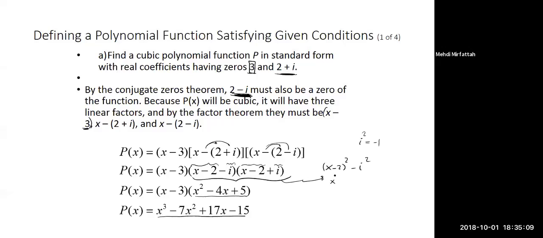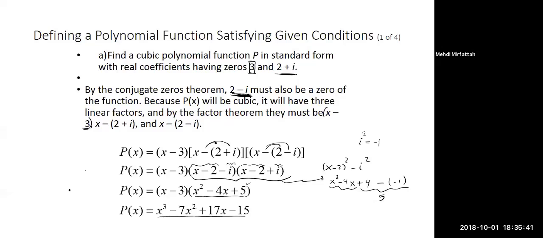This would be x squared minus the 2ab, which is 4x, plus a squared, which is equal to 4, minus i squared, which is minus negative 1. So this would be plus 1, right? These two give you the 5 that we have here. So that would be a kind of shortcut. If not, you have to multiply term by term.